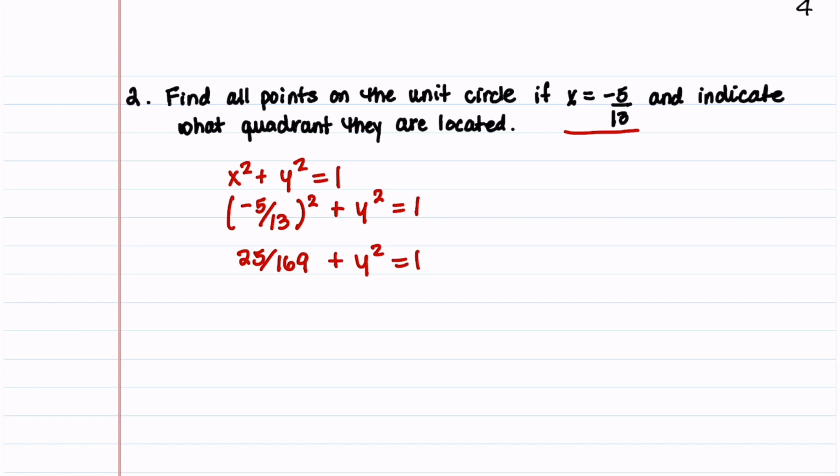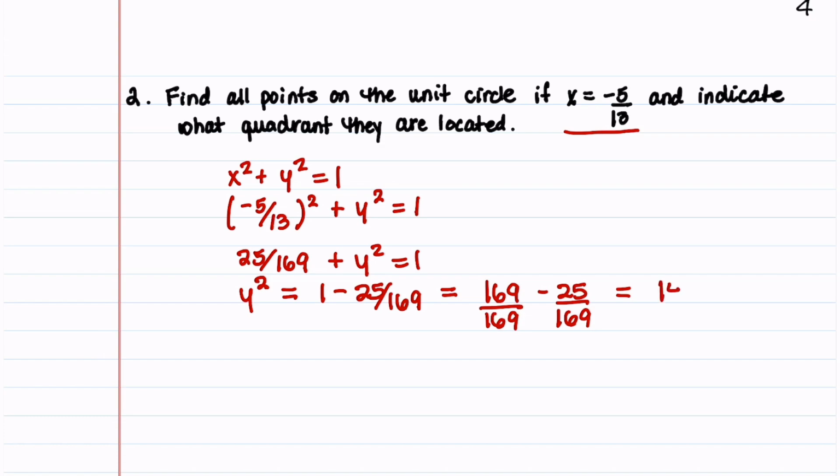We now need to solve for y squared, so we'll take the 25 over 169 to the right. We can write the 1 as 169 over 169 minus 25 over 169, and we end up with 144 over 169. Now we take the square root, so y is either plus or minus the square root of 144 over 169.